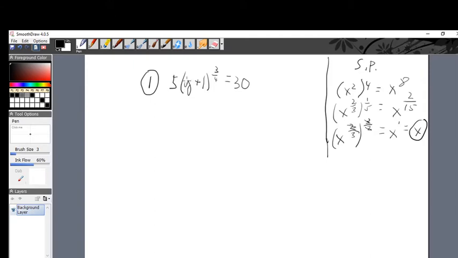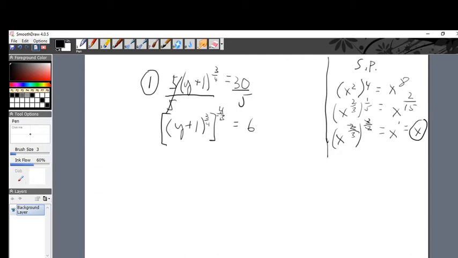Step 1, we need to isolate y. First move, divide by 5 on the left and divide by 5 on the right. We want to get rid of that 5. What do we get? y plus 1 to the 3/4 equals 6. Here's what we do next. Take the whole thing in parentheses and raise it to the 4/3 power.